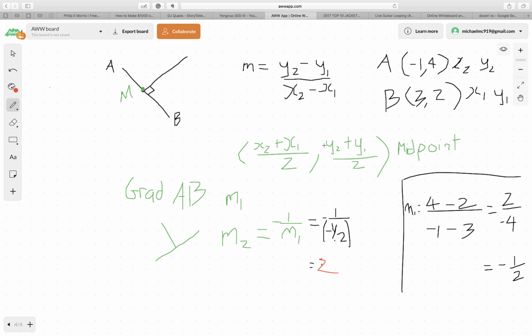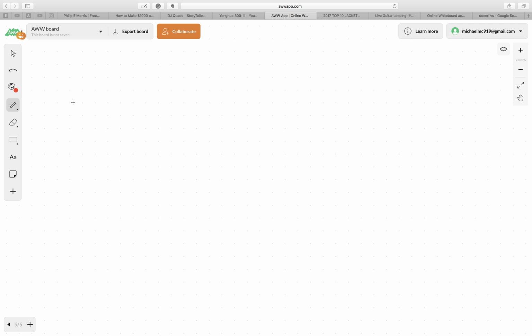So now we have our midpoint and a gradient. Well, we don't have the midpoint yet, but we can find that. It would be x2, which is minus 1, plus 3. Well, let's find the midpoint.